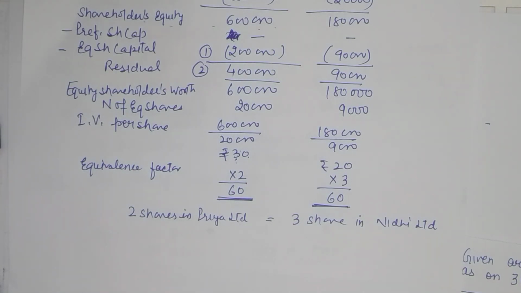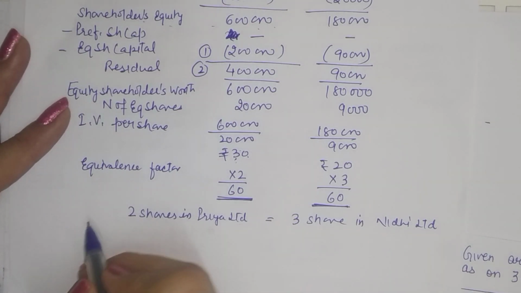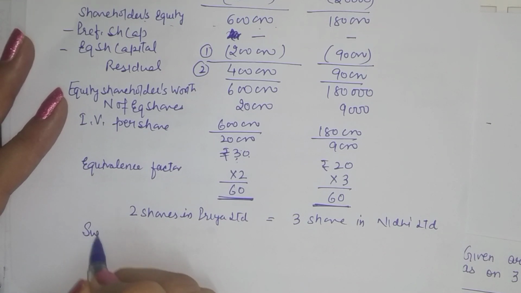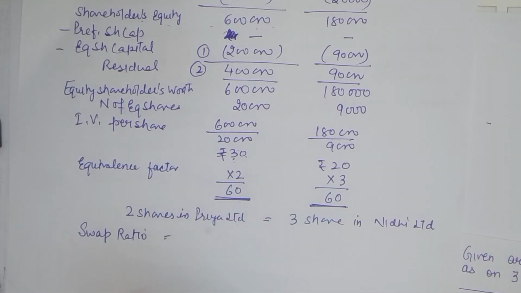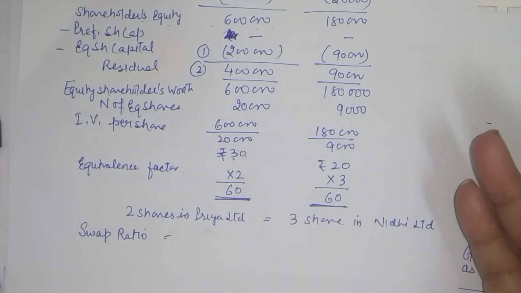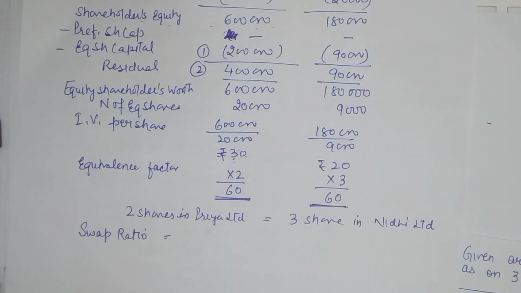Now swap ratio will be how many shares you will be getting in the new company for the number of shares held in the existing company. So how do we read swap ratio? Swap ratio is what you will be getting. When we say swap this thing for another, our concern is what will I be getting.